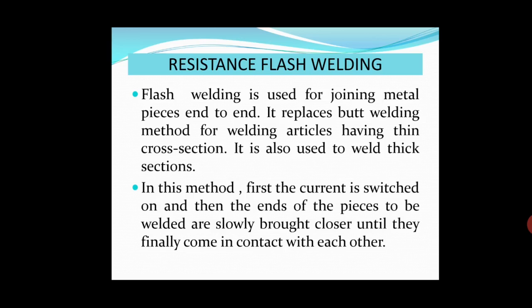It is also used to weld thick sections, but for thin sections it is more advantageous than butt welding. In this method, first the current is switched on, and then the ends of the pieces to be welded are slowly brought closer until they finally come in contact with each other, just like butt welding.